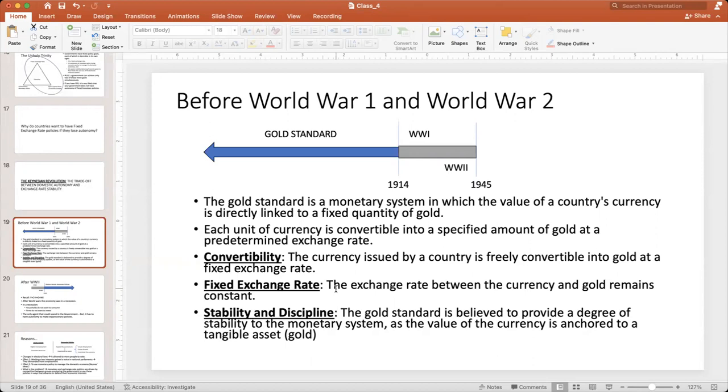Why? Well, because if you have cash in your wallet and you have $1, this is only a piece of paper. It's no more than a piece of paper.